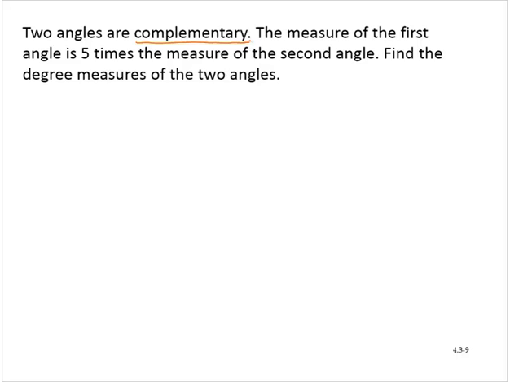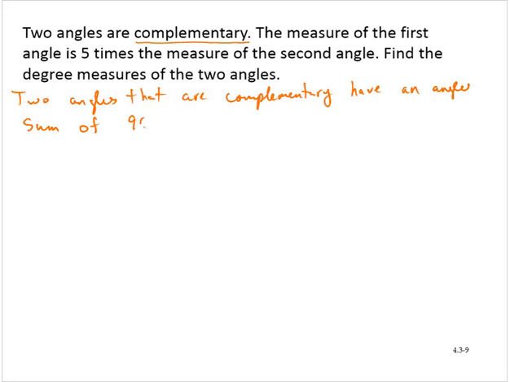So here's what we say. Two angles that are complementary have an angle sum of 90 degrees.